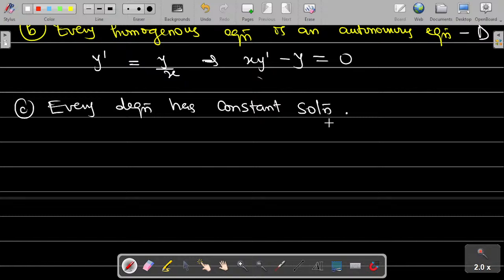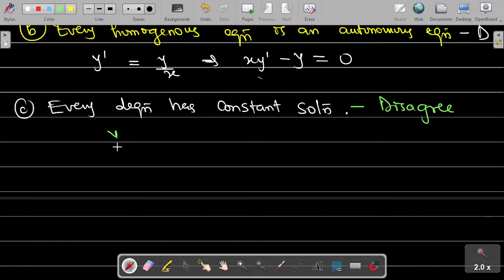So what's the verdict on this? Is it possible? You can see that this is not true. We do not agree. So what do we mean by a constant solution?